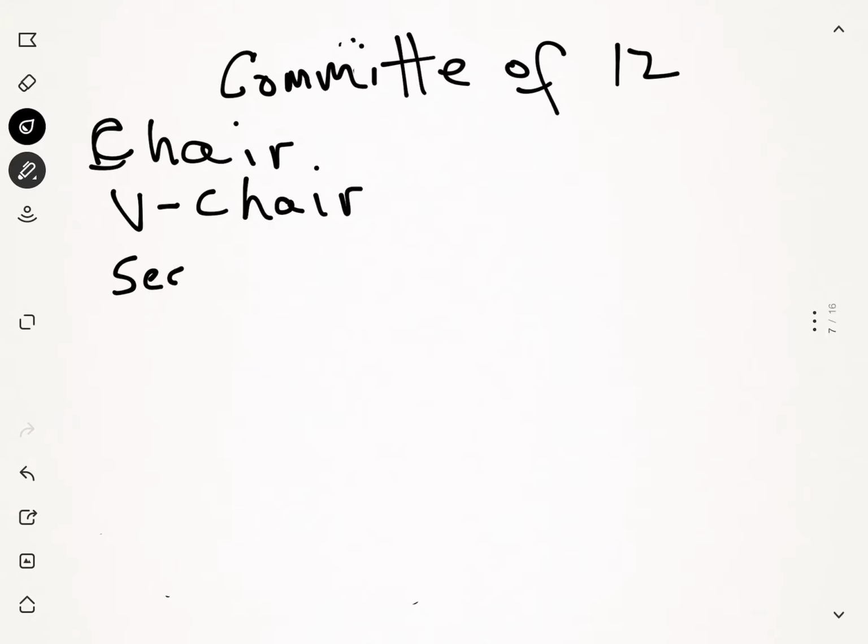All right, so we have a chairperson, a vice chair, a secretary, and a treasurer.